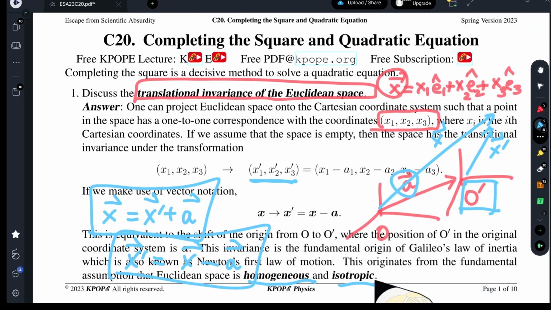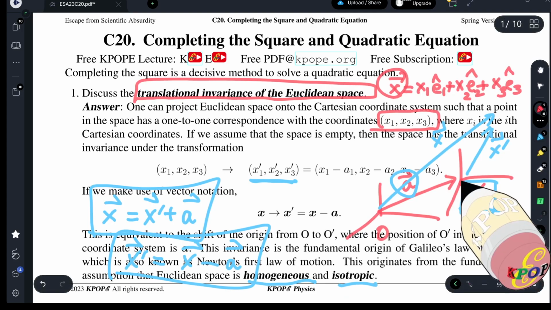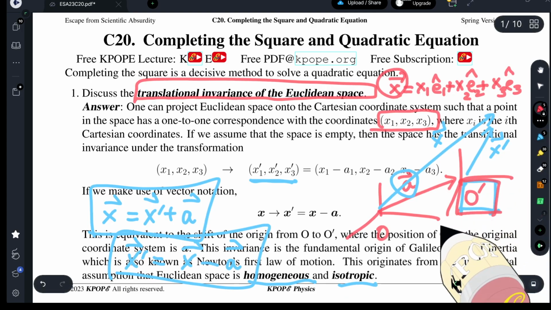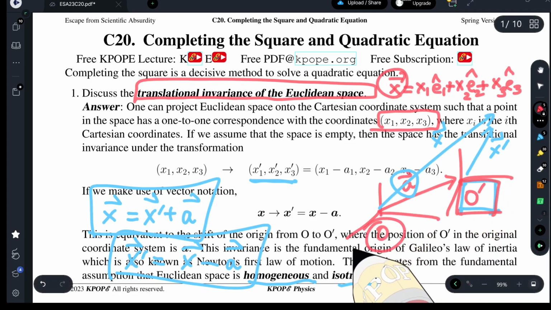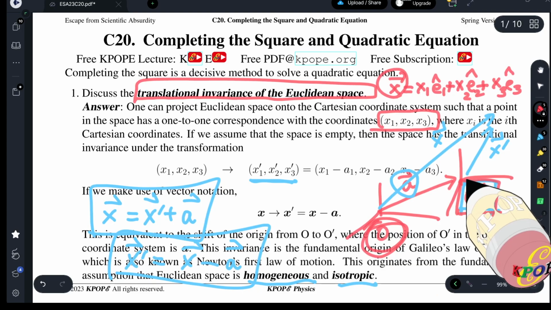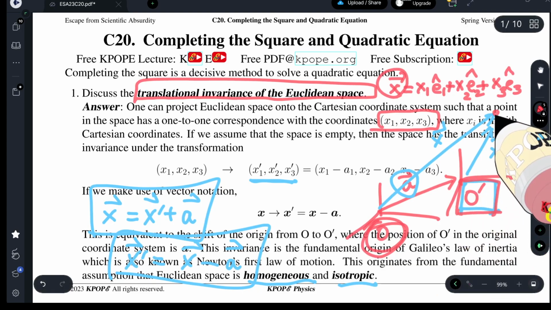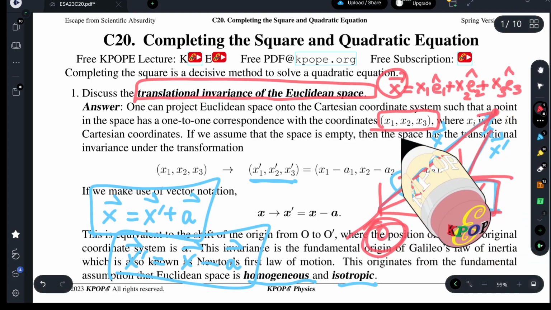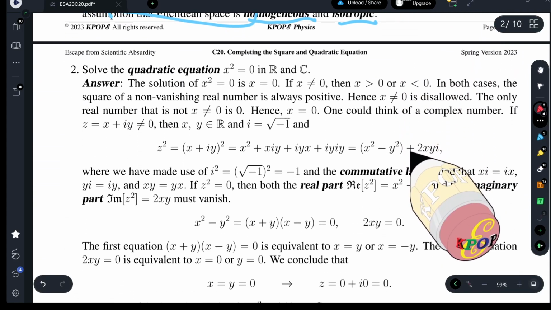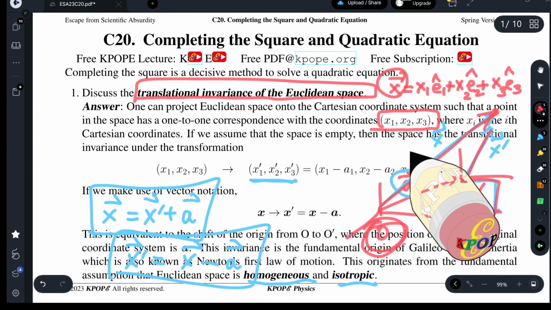So whatever point you may bring in, we can translate the origin of a system to another to represent the same vector in terms of a different coordinate system. This method is quite useful for completing the square.